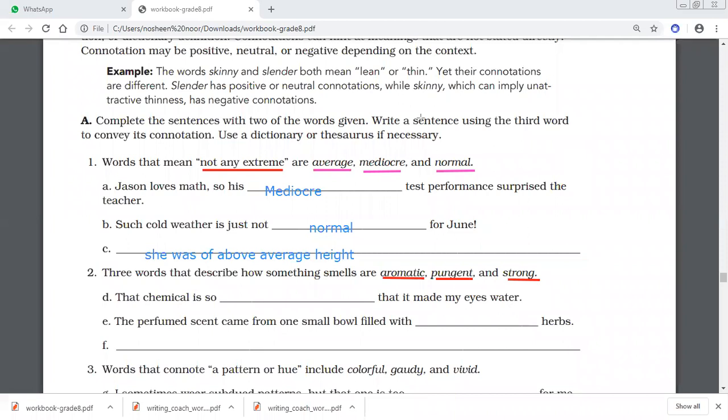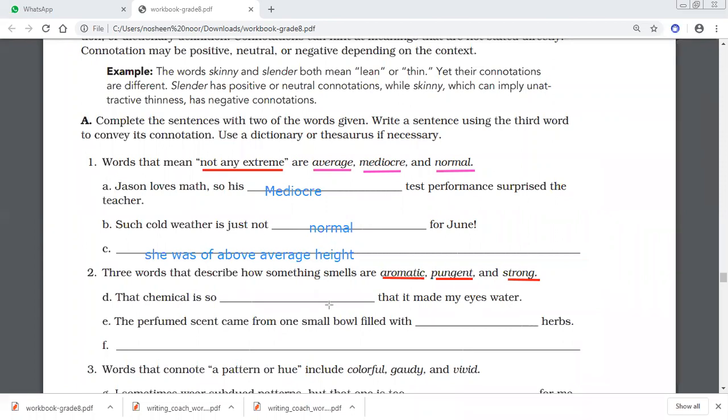So we have 3 different words with the same meaning, smell, but with different connotations. Now I will see how you can fill these blanks with the appropriate word. Number D is, that chemical is so dash that it made my eyes water.